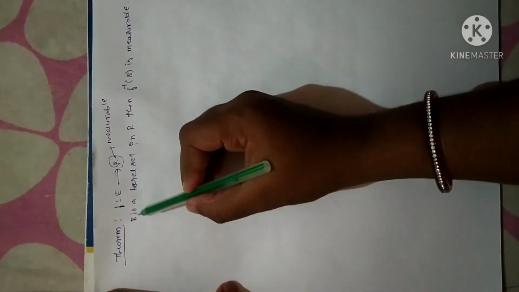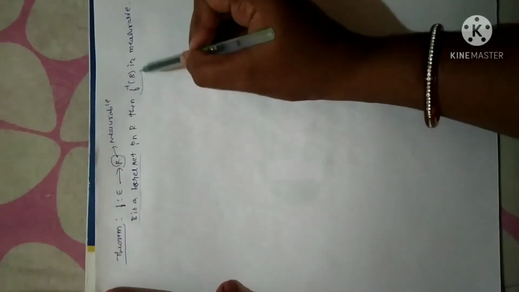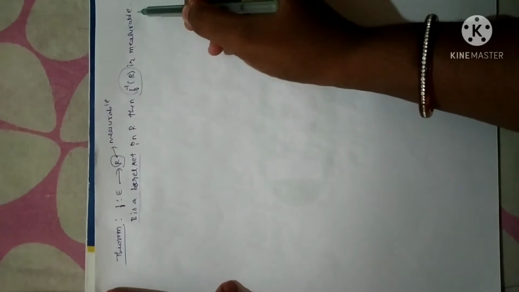While explaining the concept of Borel set, I proved the theorem that every Borel set is measurable. But this theorem states that if B is a Borel set in R, then we have to prove f inverse of B is also measurable. You just revise the concept of Borel set.